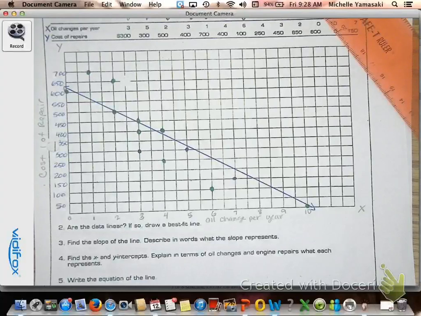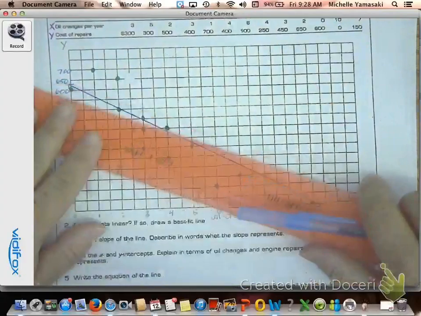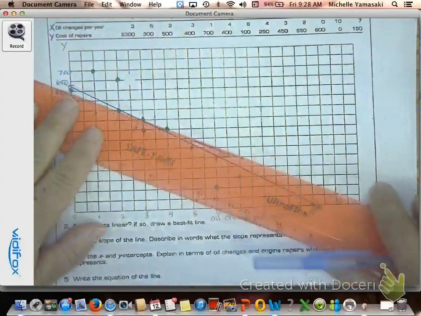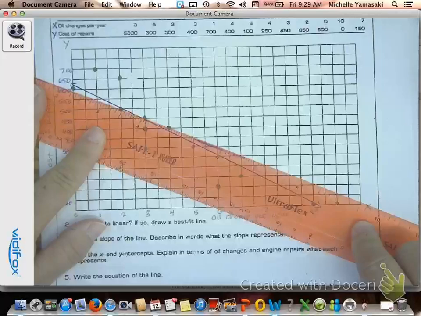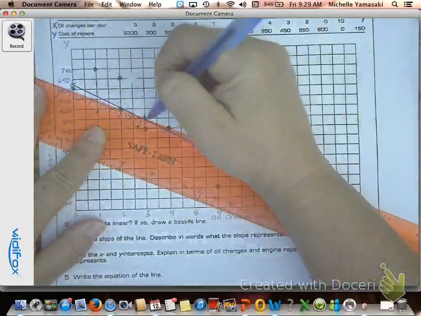I'm not going to bank on that, but we do have a lot of points, and we're going to pick 2 points. And this is what gets tricky, because no two equations may be exactly the same. If I pick these 2 points, look what happens to my line.